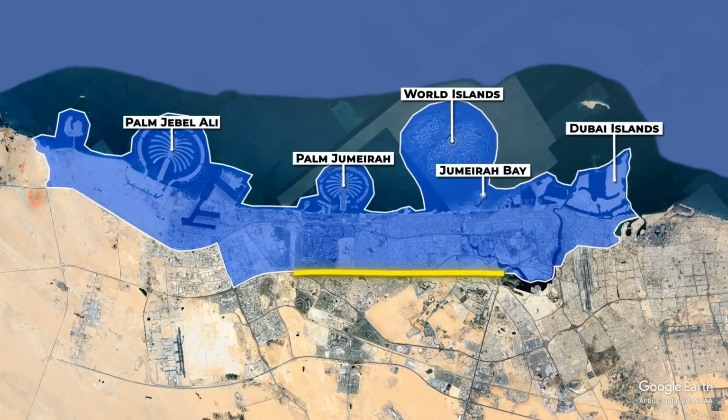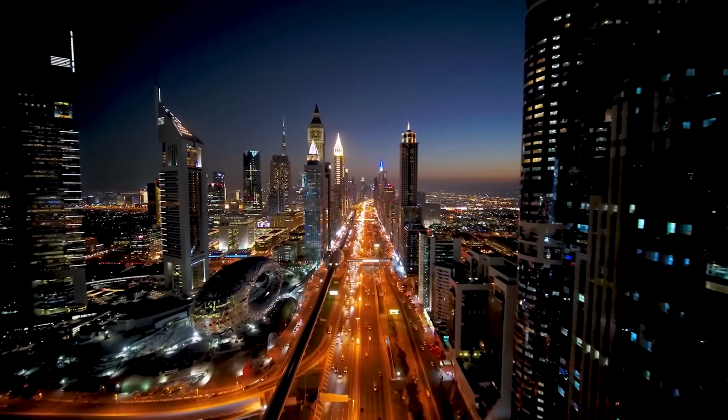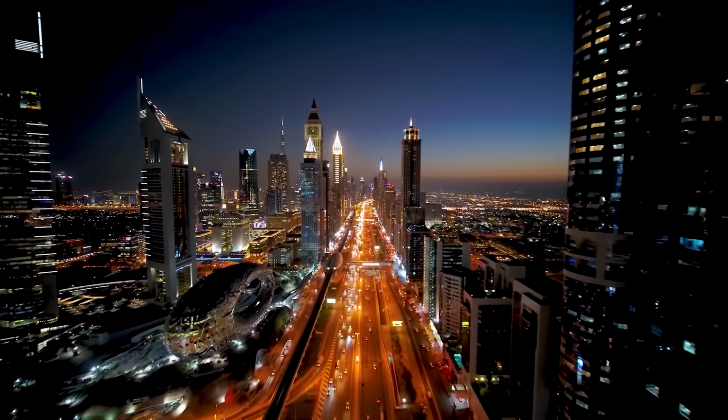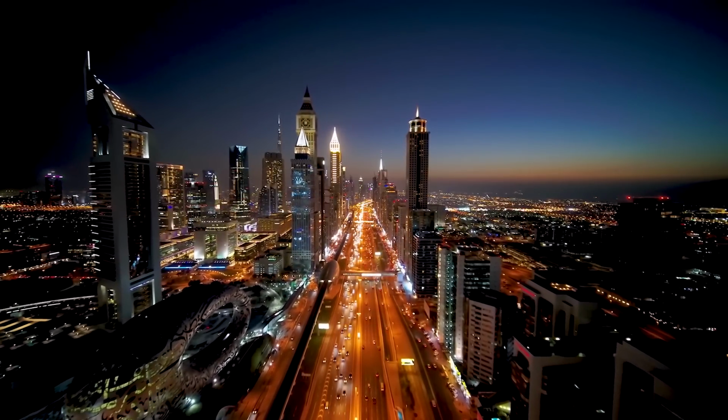Or you can say more or less between the coastline and the Al Khail road. This zone also includes the UAE's most important road, the E11 Sheikh Zayed Road, cutting through it, as well as the majority of Dubai's attractions, historic districts, and beaches.